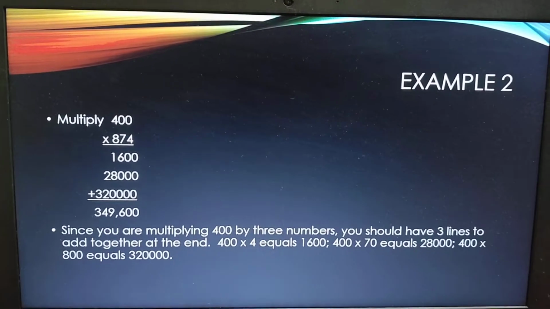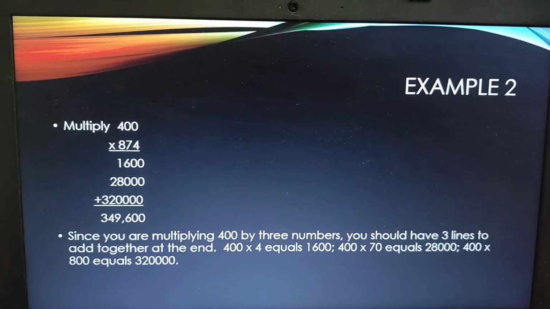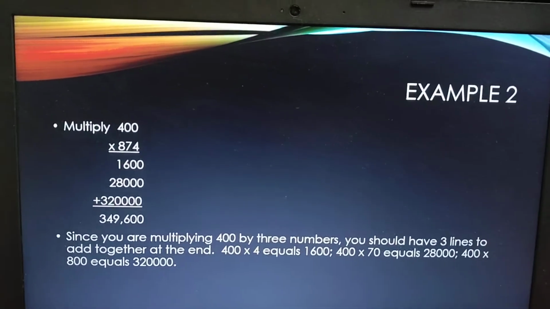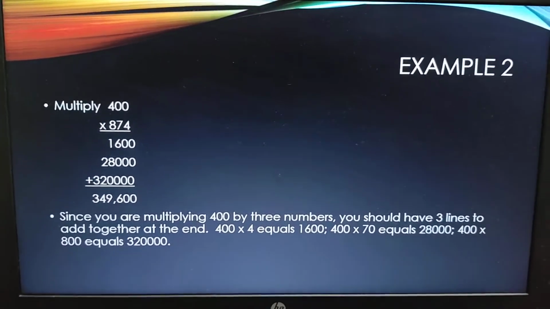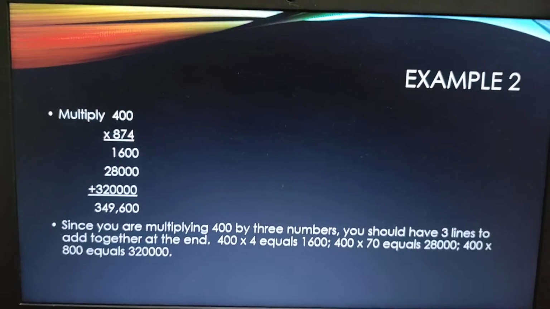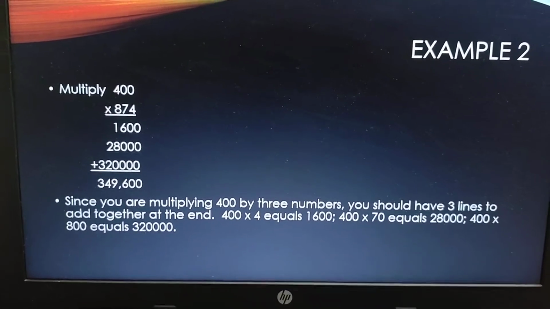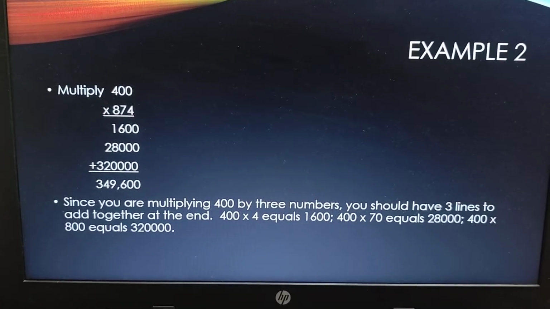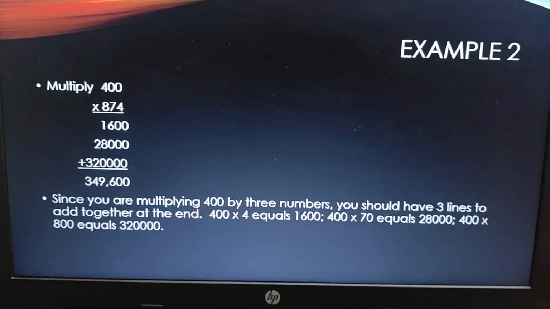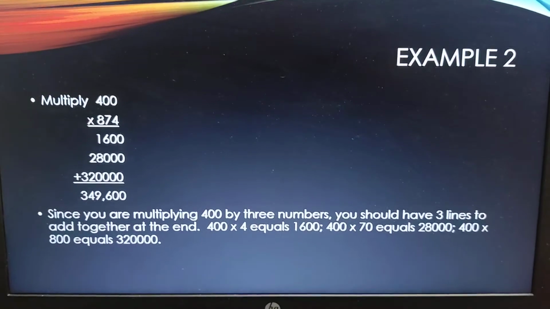The next example, we have 400 multiplied by 874. Well, I'm going to multiply 400 by three numbers, 4, 70, and 800. That means I'm going to have 3 lines of numbers to add together when I'm done multiplying.